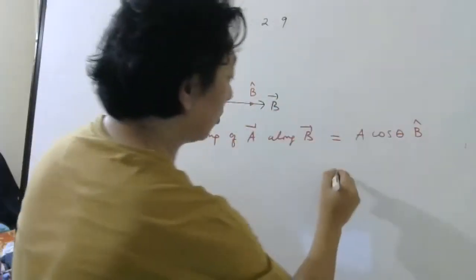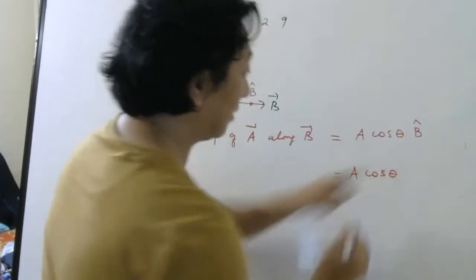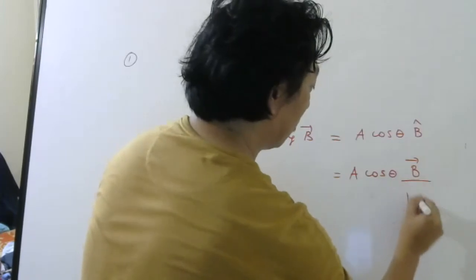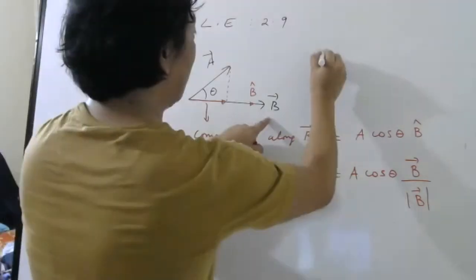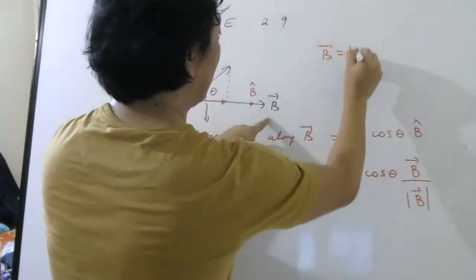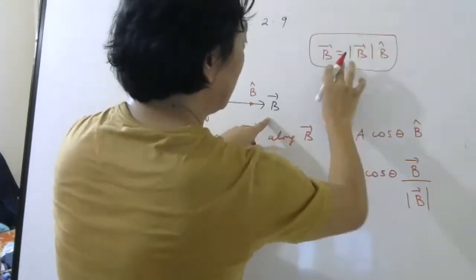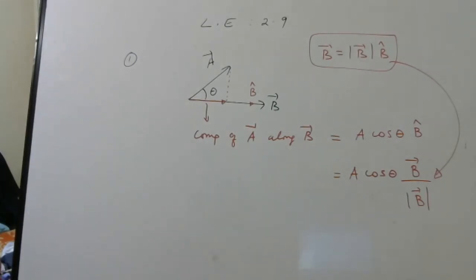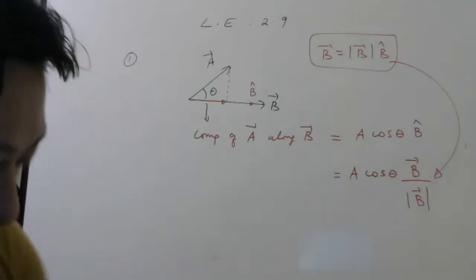Further, you can also write A cos theta, and this B cap you can write as B bar by mod of B. You remember, no? Because B bar can be written as magnitude of B bar times B cap. So using this, you can write this also. Okay, fine. Let us see the next question now.